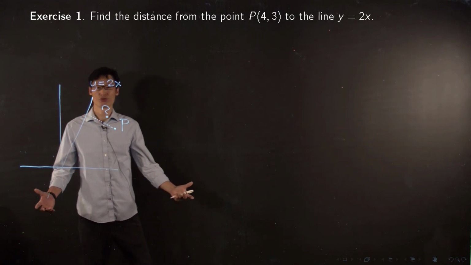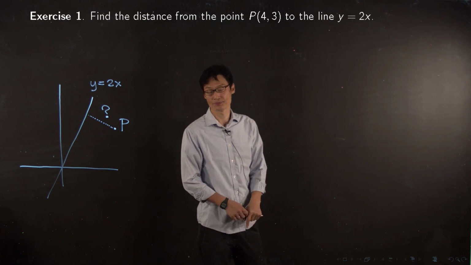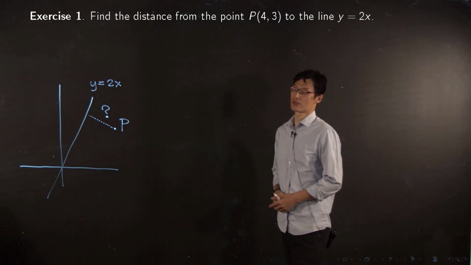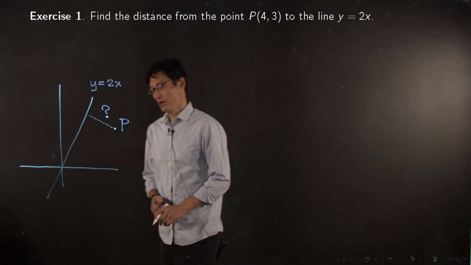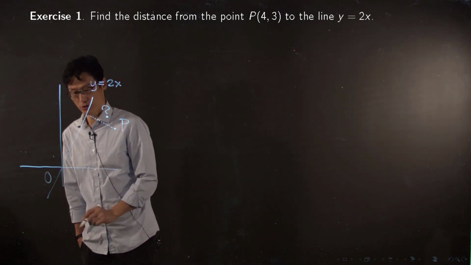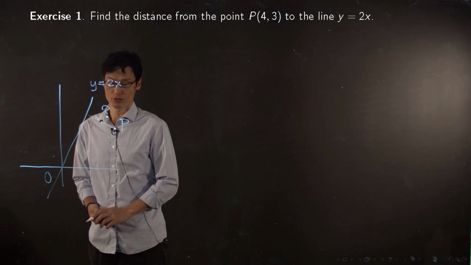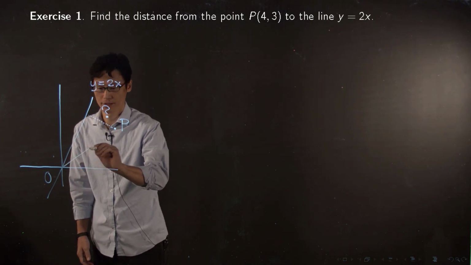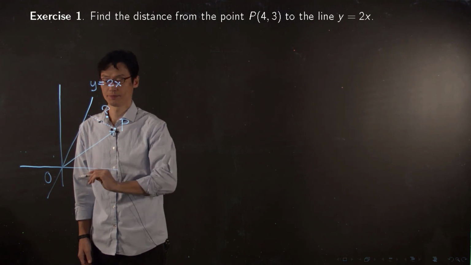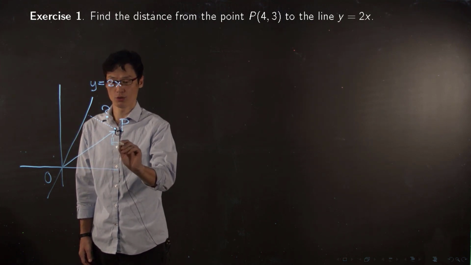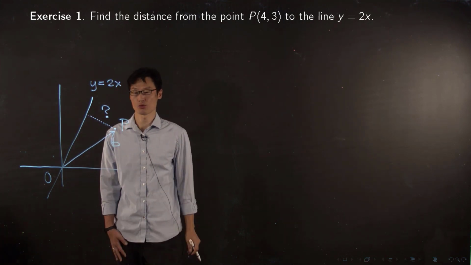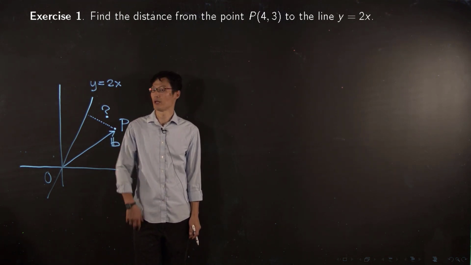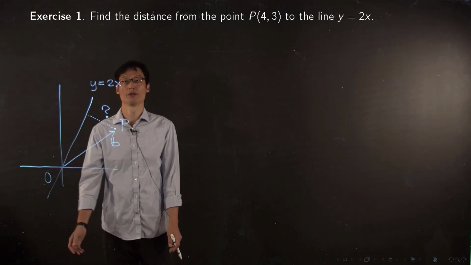There are many ways to find such a distance, and we want to use vector projection to find this distance. Let me start with taking vector OP. Vector OP is this guy, and I'd like to call this vector B. Then we want to use vector projection.